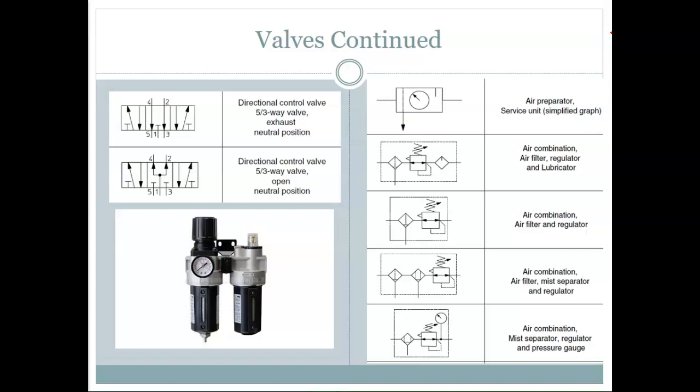But that triangle can be doing a lot. Okay? Actually does a lot. Because first and foremost, what we have inside our trainers is an air filter, a regulator with a gauge. And a lot of the times what you'll see on most pneumatic equipment is a lubricator of some sort.